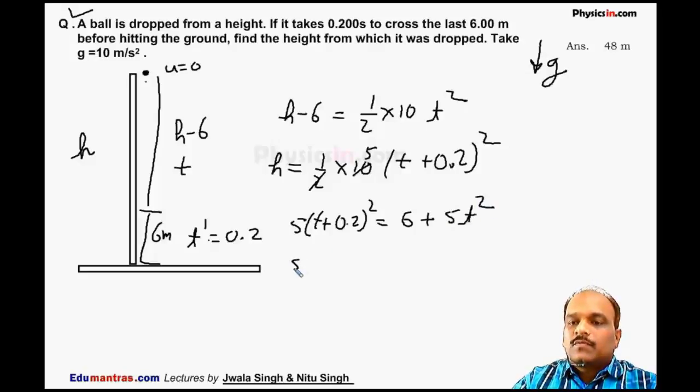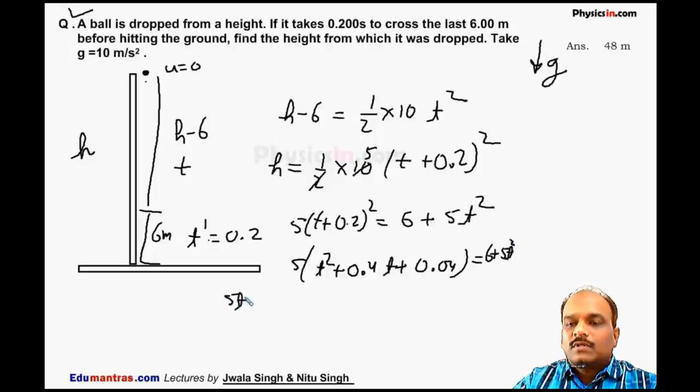Now expanding t plus 0.2 whole square, we get t square plus 0.4t plus 0.04, using a square plus 2ab plus b square, that is equal to 6 plus 5 t square. Now from here, if I open this bracket, 5t square plus 2t plus 0.2 is equal to 6 plus 5t square.